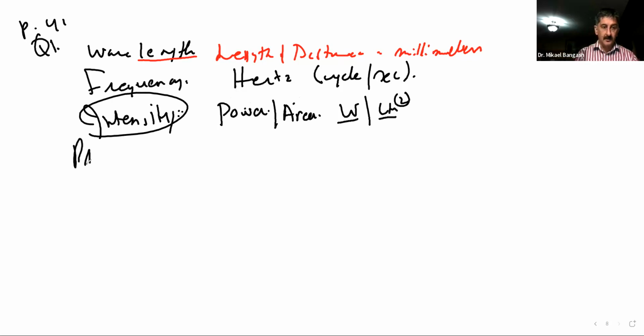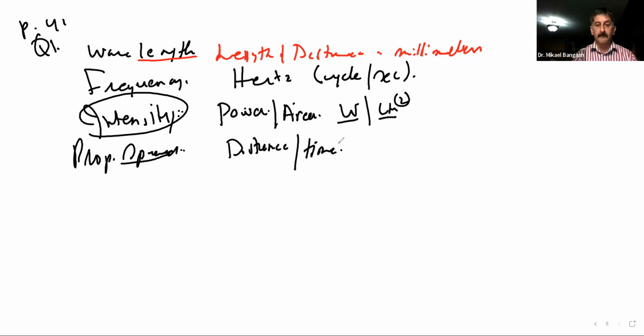Next is propagation speed, which is the same as speed, which is just a distance, not squared, not cubed, covered per time.